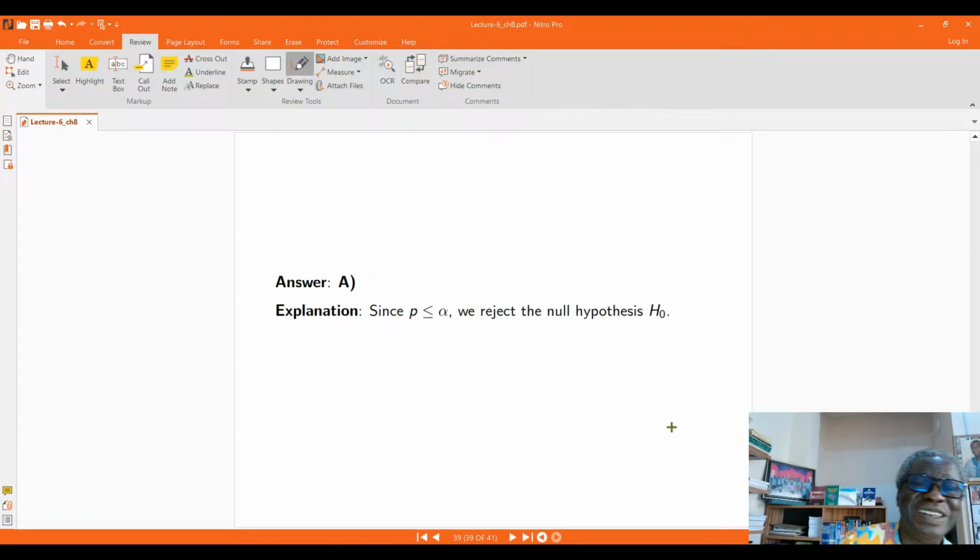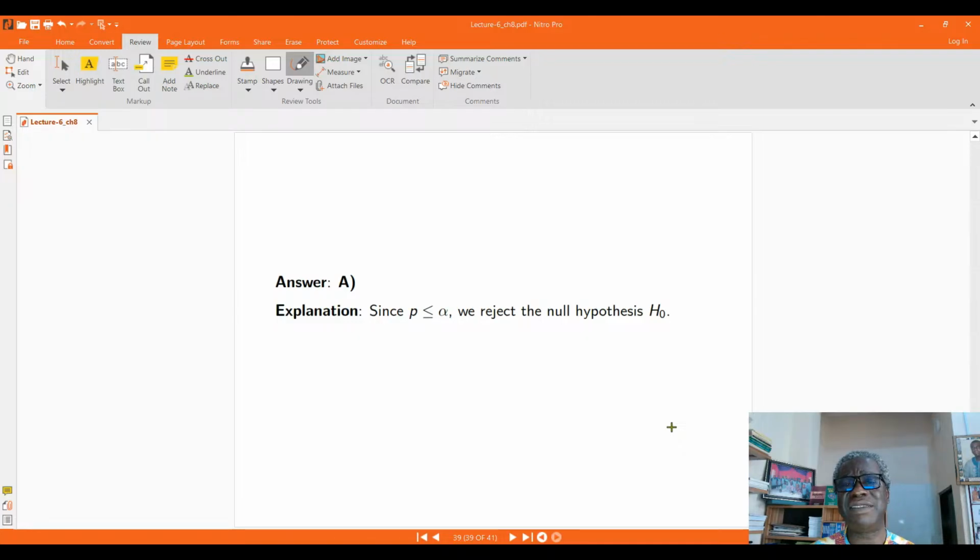So the correct answer is A. You will have to reject the null hypothesis because you have to compare the p-value. If the p-value is less than or equal to the chosen alpha, remember you are the one that chose the alpha level. The p-value is coming from your data.